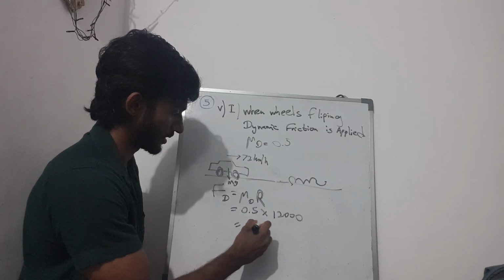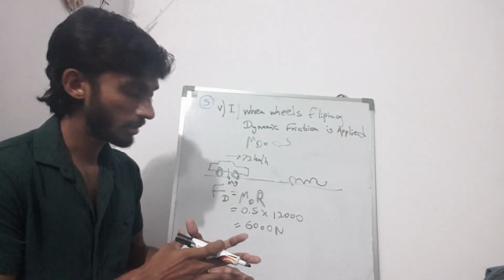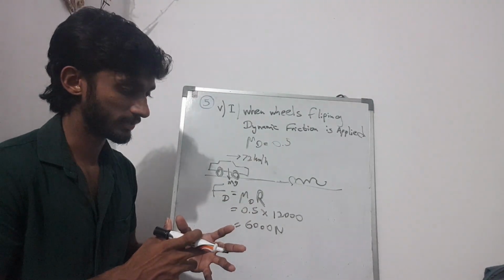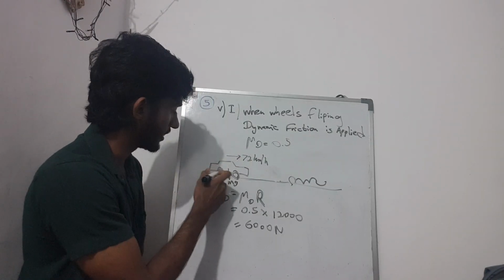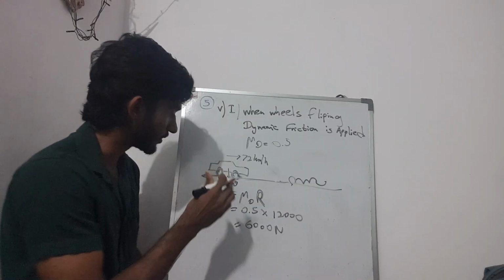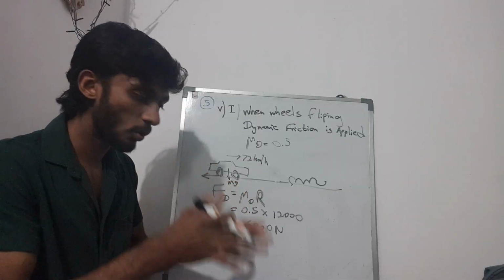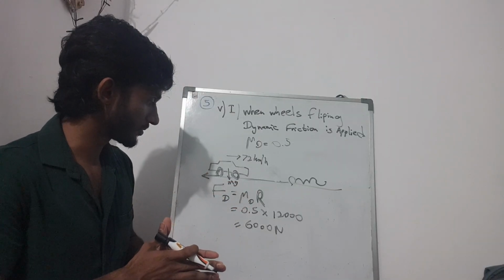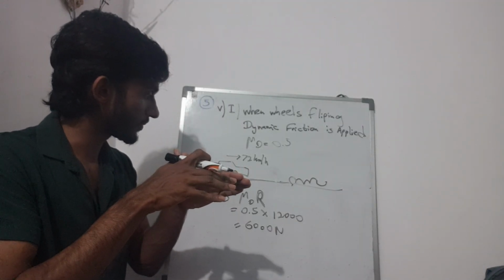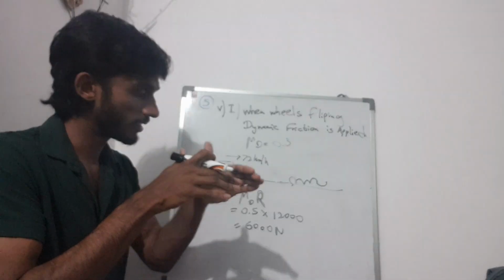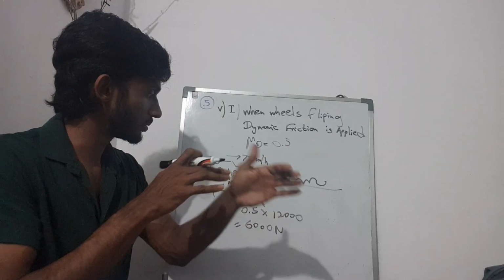Then 6000 Newton force is applied by the 4 wheels in the opposite direction. Then the car is slipping, so the friction force is applied in the opposite direction, and the car is slowing down. We have to find the time and the distance to stop the car.